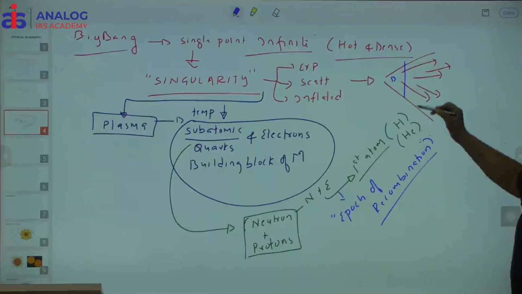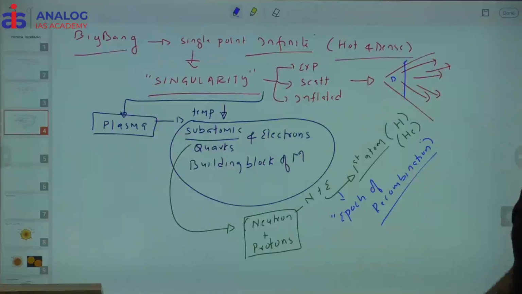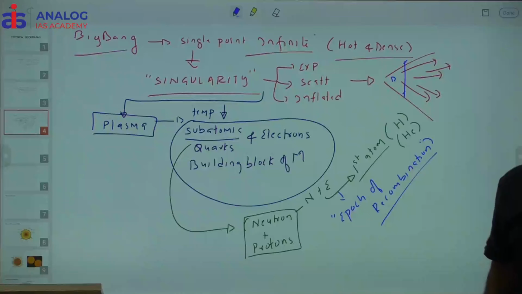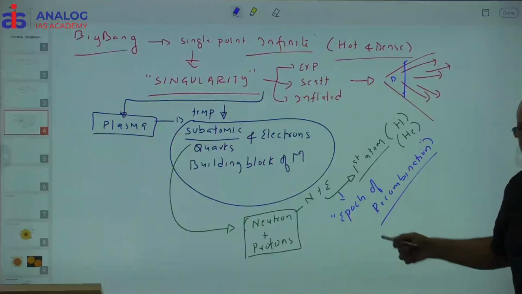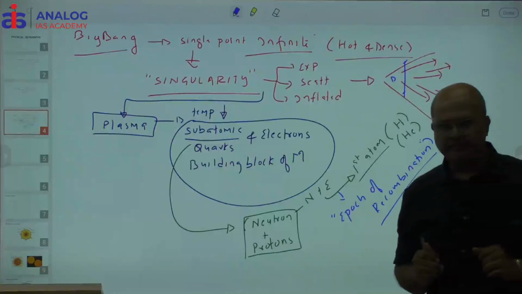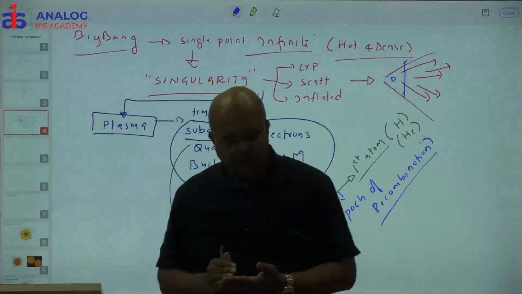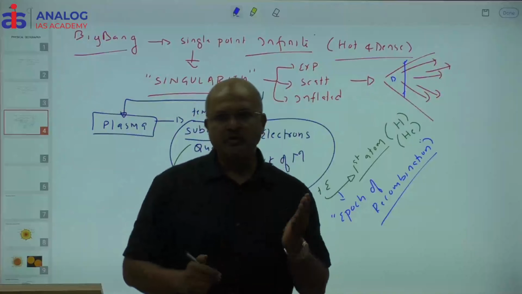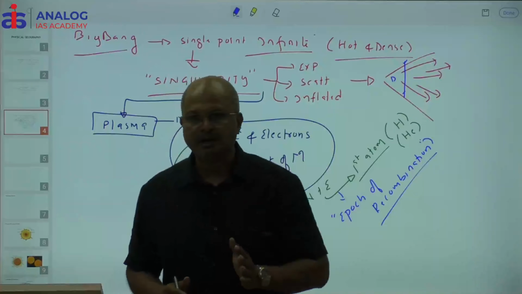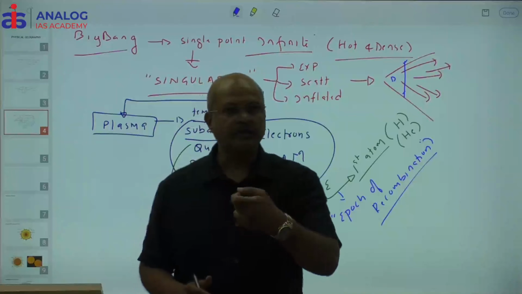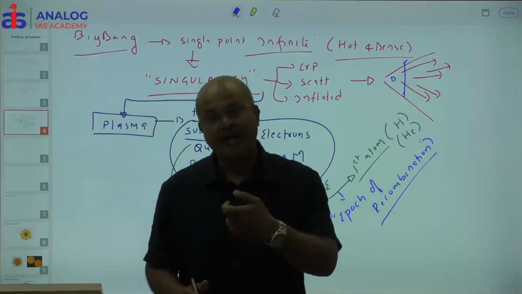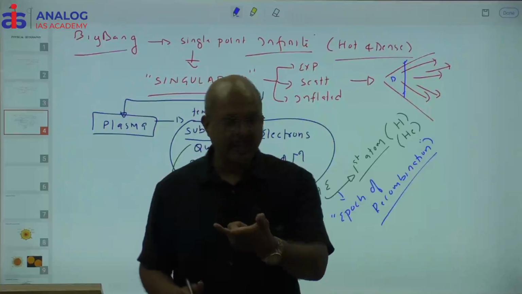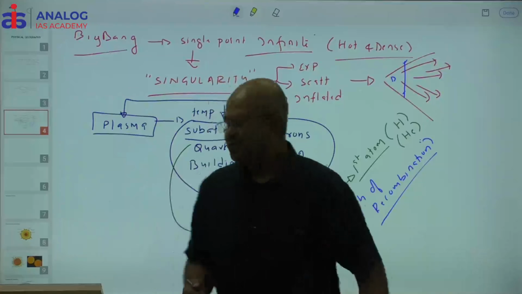So here we find the first atom, hydrogen. Now this is called the epoch of recombination. During this time, photons escaped from the plasma. Photons mean the first light was seen during this phase.